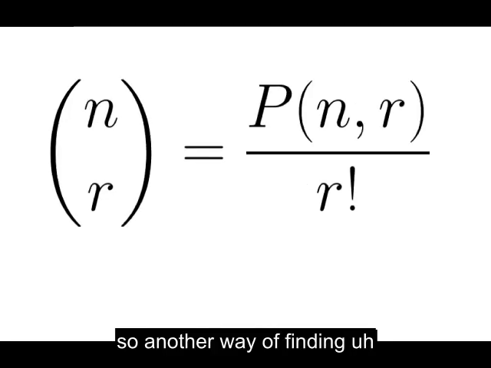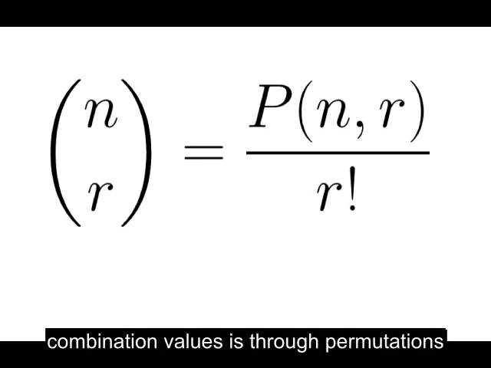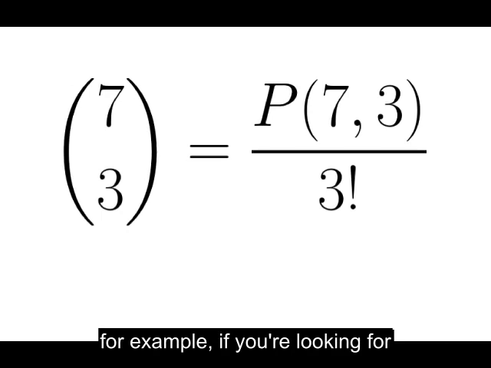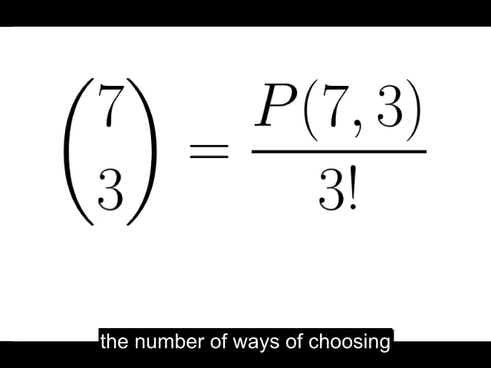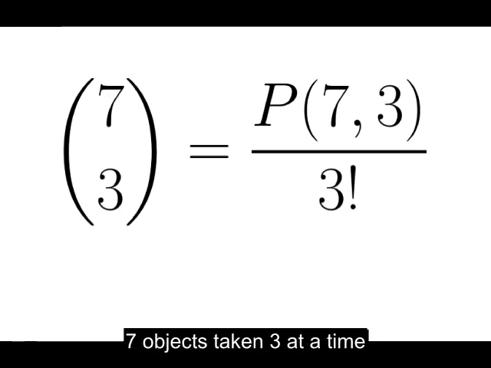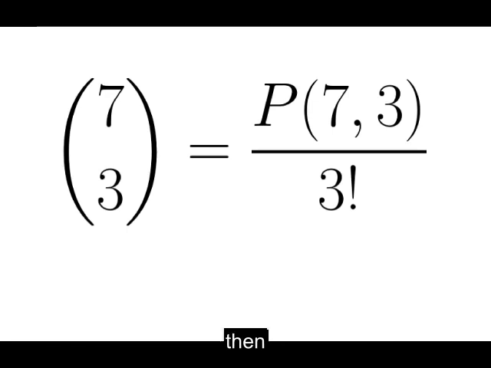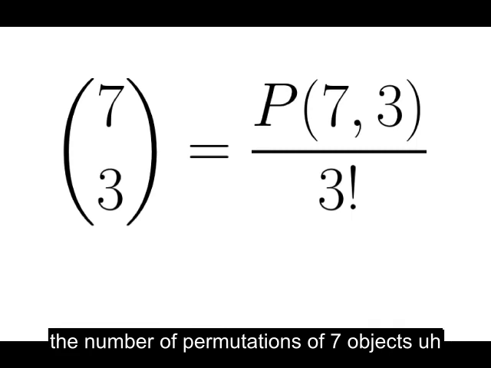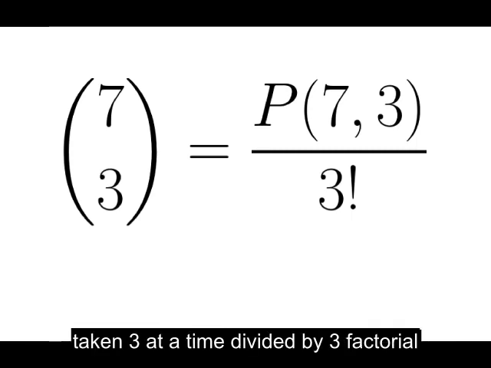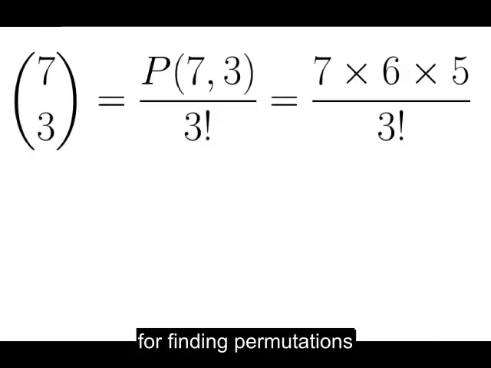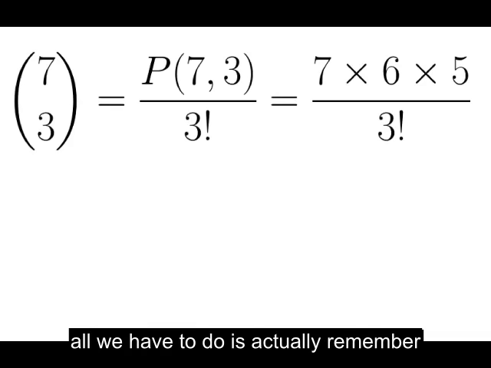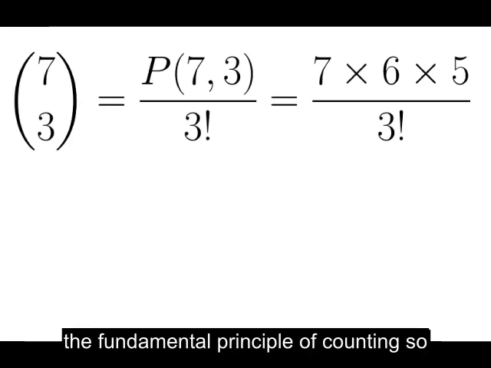Another way of finding combination values is through permutations. For example, if you're looking for the number of ways of choosing 7 objects taken 3 at a time, then you can first look for the number of permutations of 7 objects taken 3 at a time divided by 3 factorial. Basically, for finding permutations, all we have to do is remember the fundamental principle of counting.